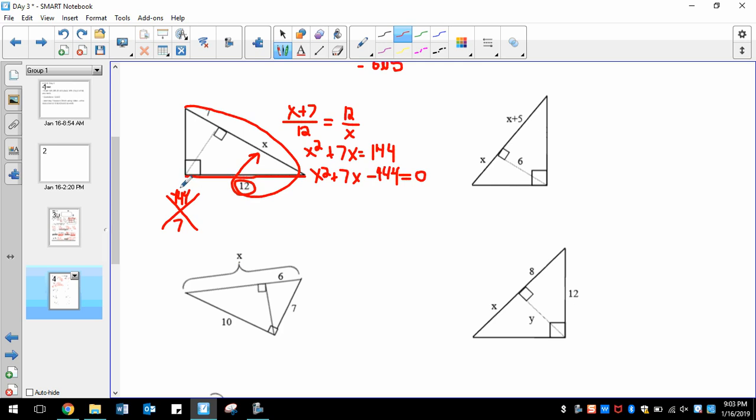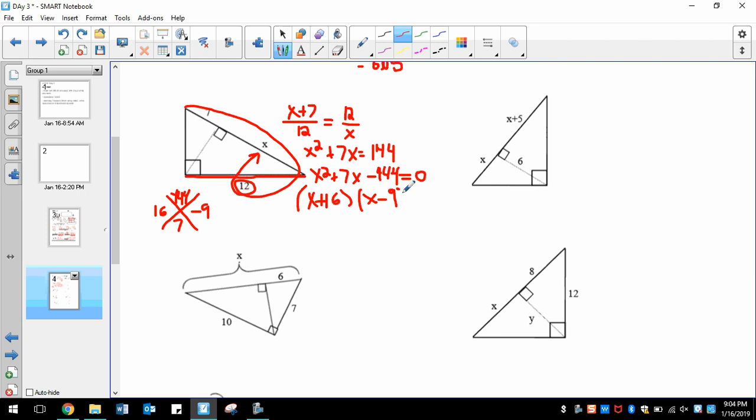You're probably not that familiar with the other factors of 144, so you might want to work with your calculator a little bit to divide and see what's going on. Ultimately, the two numbers you're interested in are positive 16 and negative 9. Those two numbers multiply to get negative 144, but add to get 7. So with those two numbers, you go straight to your factors. You're going to have x plus 16, because the 16 is positive, and then the other factor is going to be x minus 9.